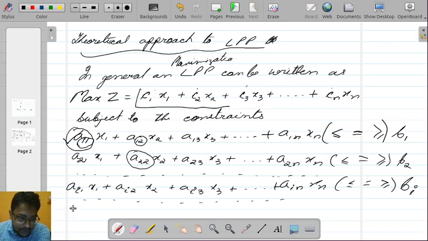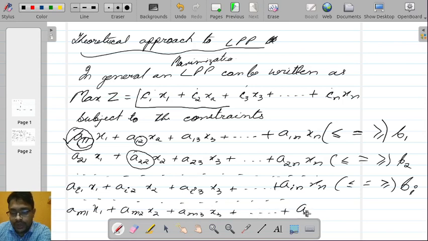And the last constraint, supposing that there are m constraints, is am1 x1 plus am2 x2 plus am3 x3 and so on, up to amn xn.